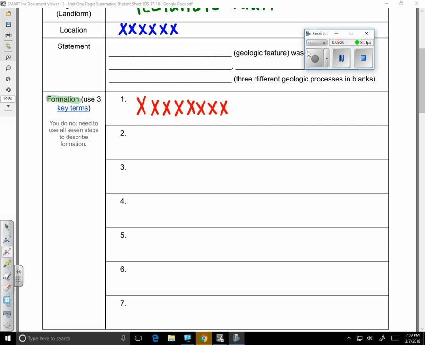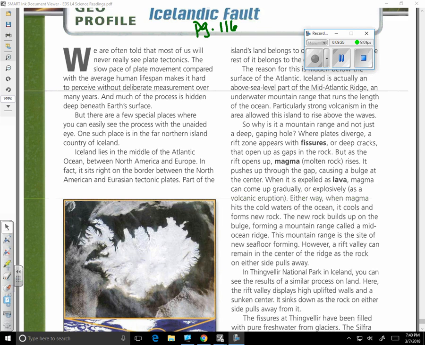Write a complete sentence. So here is your second step in how this fault is formed. It is right here where it says rift zone appears with fissures or deep cracks that open up as gaps in the rock, but as the rift opens up, magma rises. So here's your second step right here.